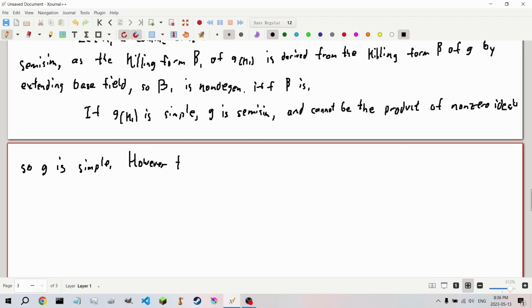However, there is simple G with its extension G to K1 being not simple. But it will always be semi-simple.